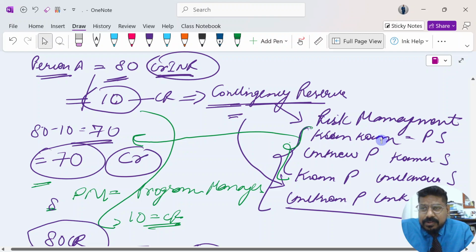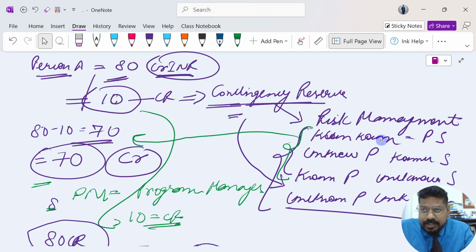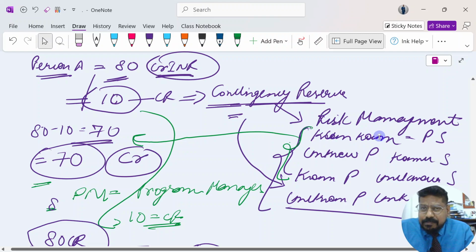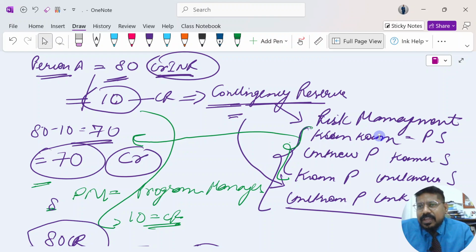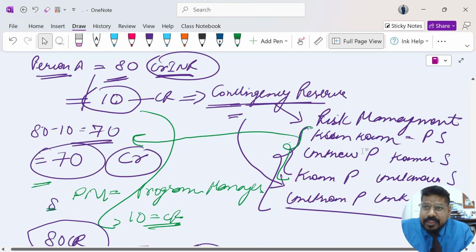Let's say, for example, some of your critical team members may leave the organization at the time of need, taken by a competitor. It's a known problem and a known solution. The answer is to keep a few persons ready with that skill set within the organization, and remain ready to hire new people in a short period of time.